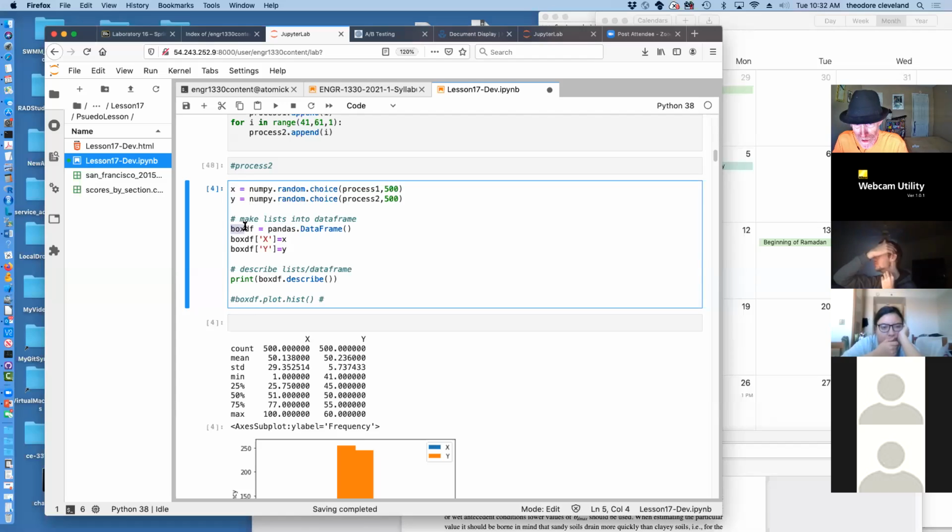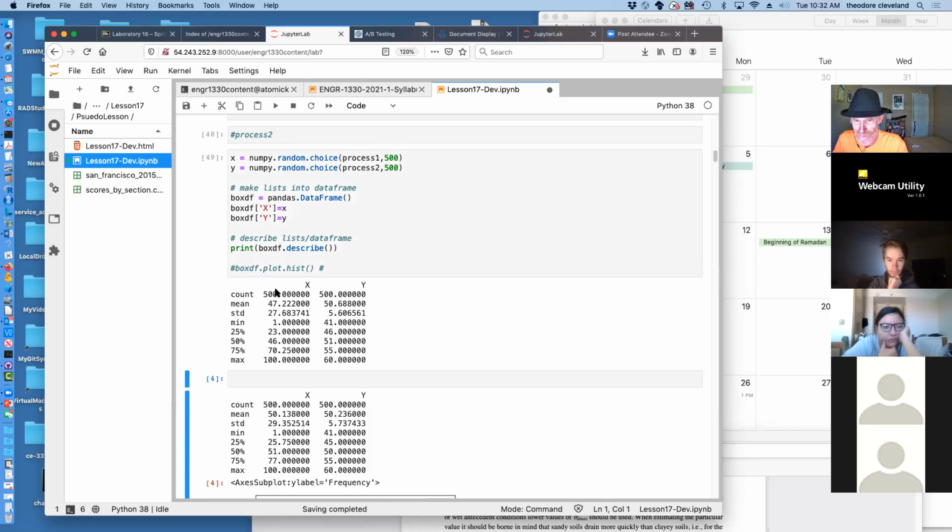We're going to create a data frame called boxdf using pandas, assign the list X to the column labeled capital X, assign the list Y to the column capital Y, and then run the describe function.